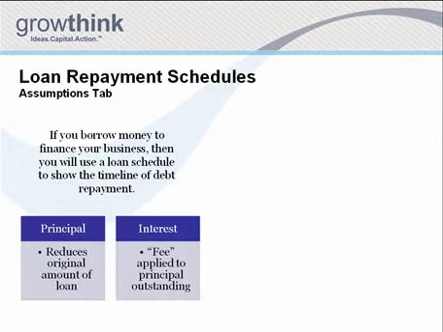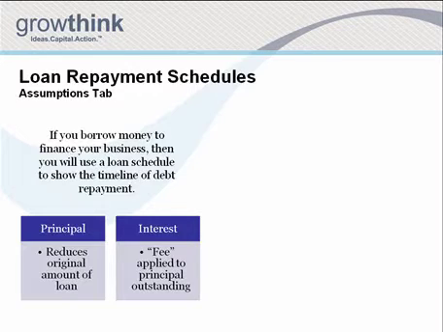So another assumption here has to do with financing, which is your loan repayment schedule. Now, if you borrow money to finance your business, then you'll use a loan schedule to show the timeline of debt repayment. And as many of you are aware, when you take out a loan, there are principal and interest payments. You pay a little of both.